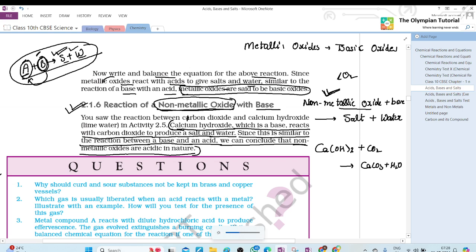Since this is similar to the reaction between a base and an acid, we can conclude that non-metallic oxides are acidic in nature. Done, ma'am.